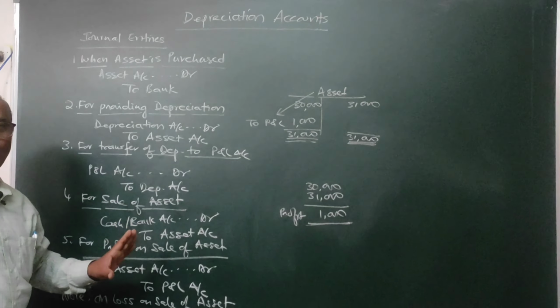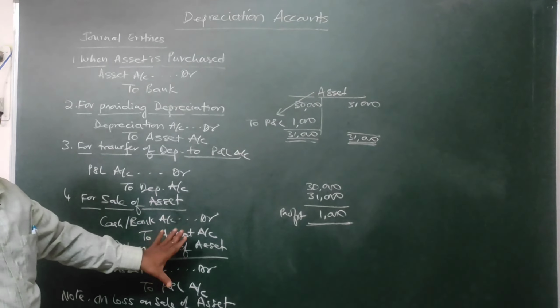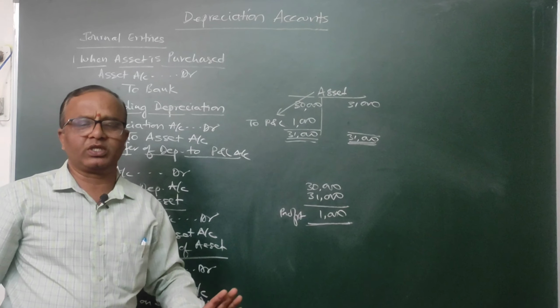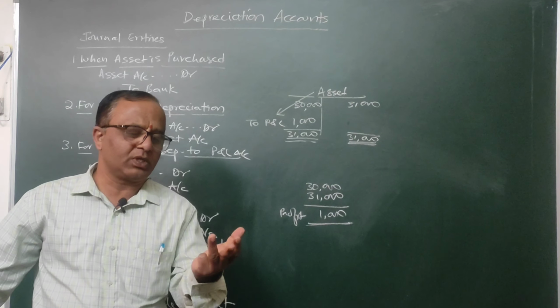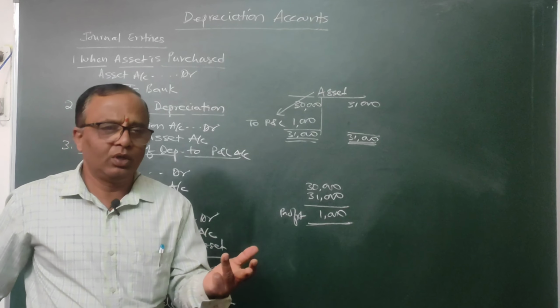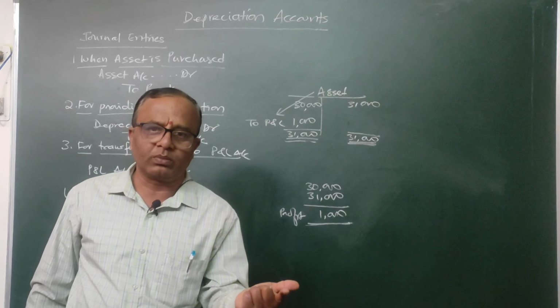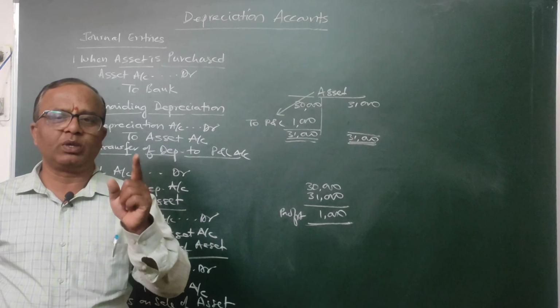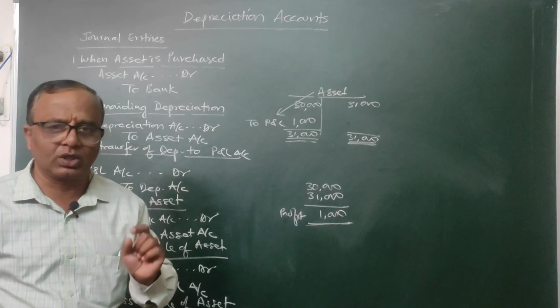So normally we will come across these entries. If you are able to remember these simple entries, you will be able to do this particular chapter very easily. Okay, so simply observe here: when an asset is purchased, the asset is coming in, debit what comes in, asset account debtor to bank. For providing depreciation, depreciation account debtor to asset account. Then again, to transfer depreciation to the profit and loss account, your entry will be profit and loss account debtor to depreciation.